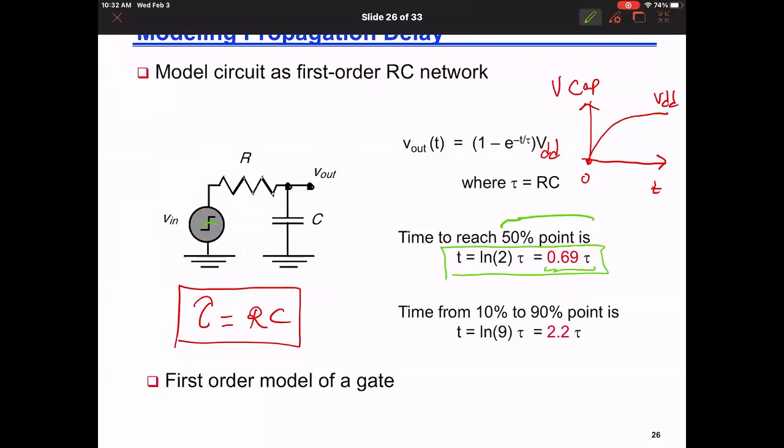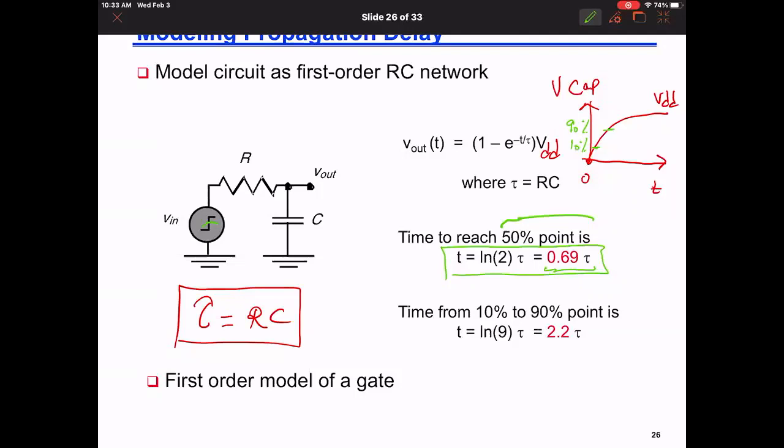Now, if we ask you, what is the rise time of this signal, meaning the time it took to go from 10% to 90%, how do we find that?